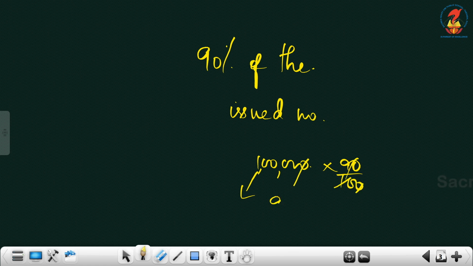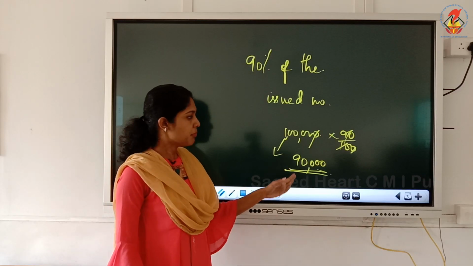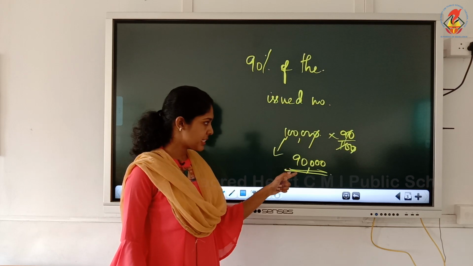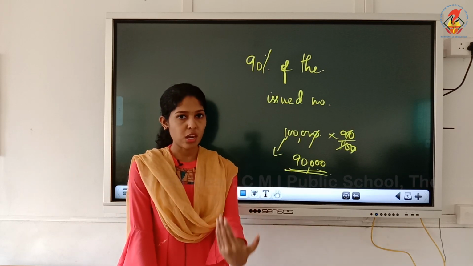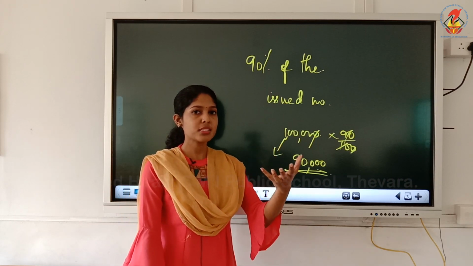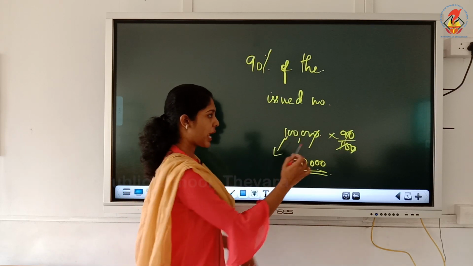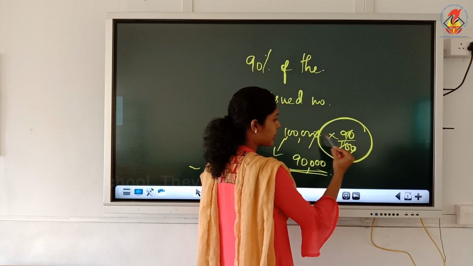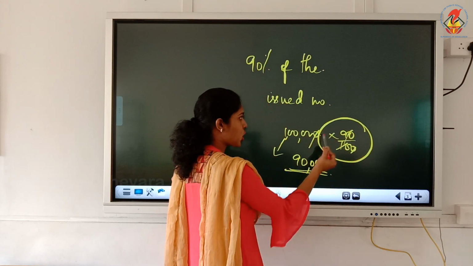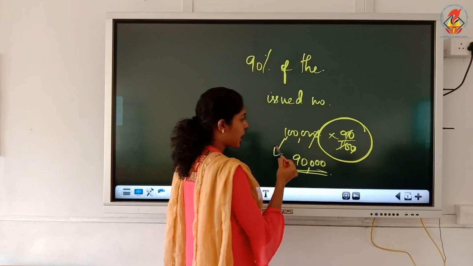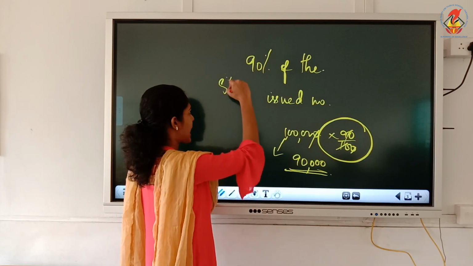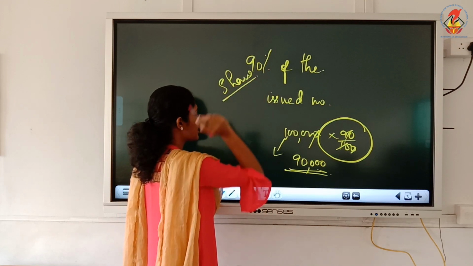It will be 90,000. So minimum you should get a subscription of 90,000 before you allot the shares. We know that there is a situation like under subscription, but you have to ensure that you have received minimum 90% of the issued number. Understood? This is regarding shares that we had discussed in that chapter.